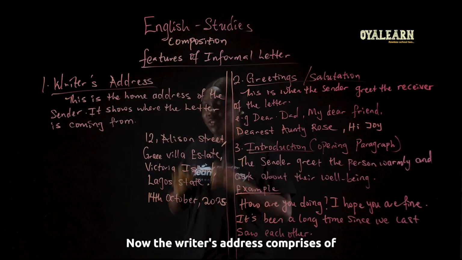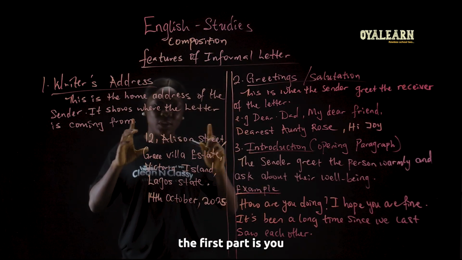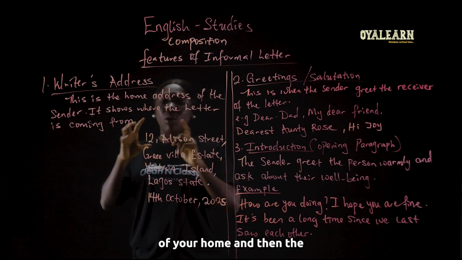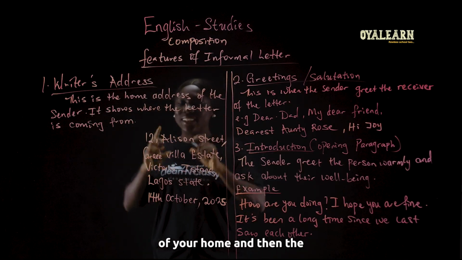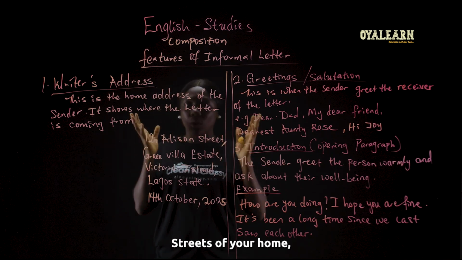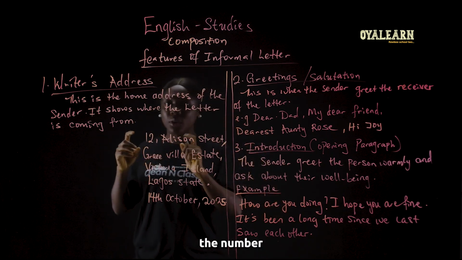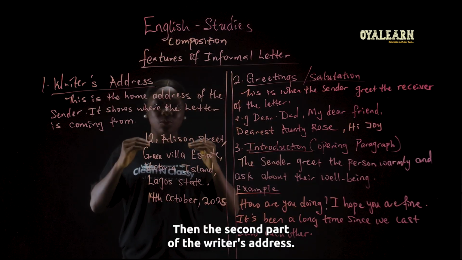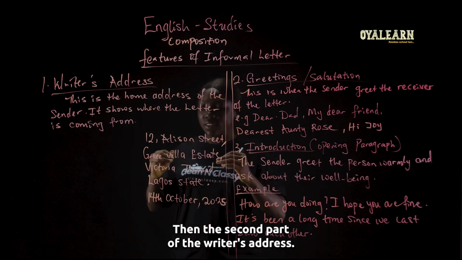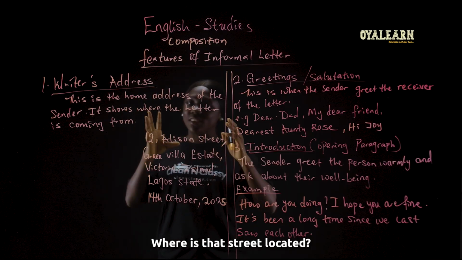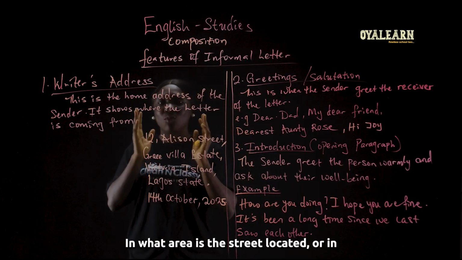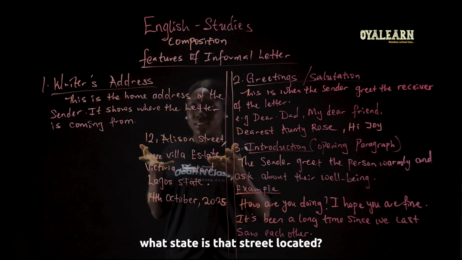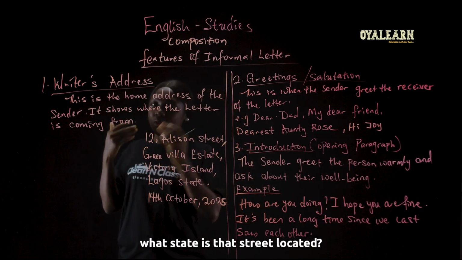Now, the writer's address comprises of, the first part is, you first of all write down the number of your home and then the street of your home. The number and the street of your home. Then the second part of the writer's address, in what area is that street located? Or in what estate is that street located?